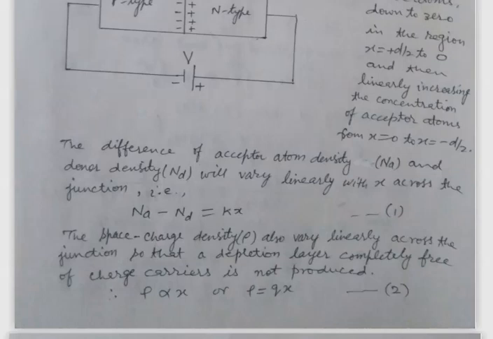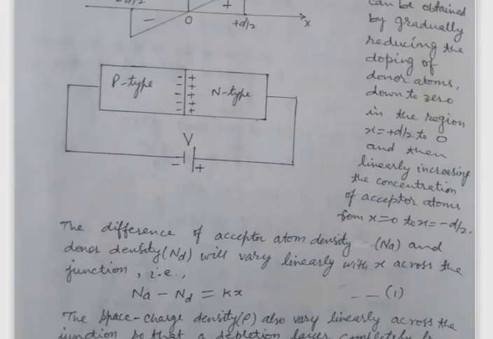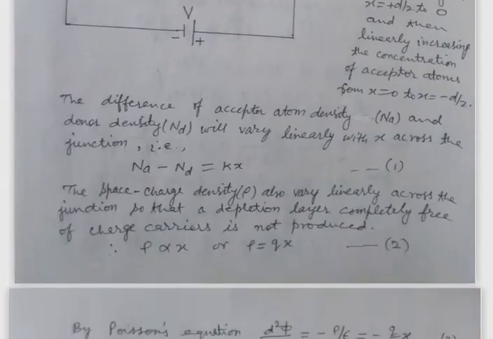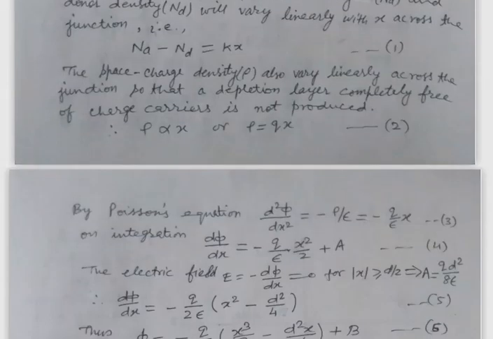And this is the diagram when a reverse bias voltage is applied across the PN junction diode. Now Na minus Nd, since it is linear, is proportional to x, so this is given by equation 1 where k is a suitable constant. Similarly, the space charge density rho is also proportional to x, or we have assumed rho equal to qx, where q is also a constant.